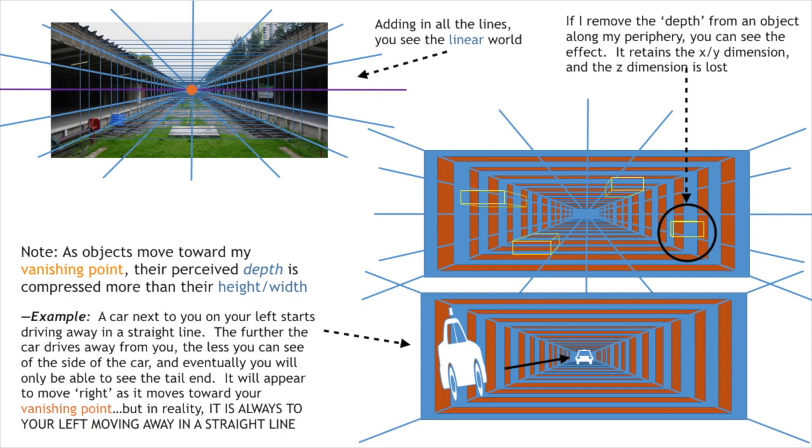The further the car drives away from you, the less you can see of the side of the car, and eventually you'll only be able to see the tail end. So its depth got compressed, but you're still seeing the tail end of the car. It will appear to move right as it moves toward your vanishing point, but in reality it's always to your left in that left lane, moving away in a straight line. It's just how your vision works.